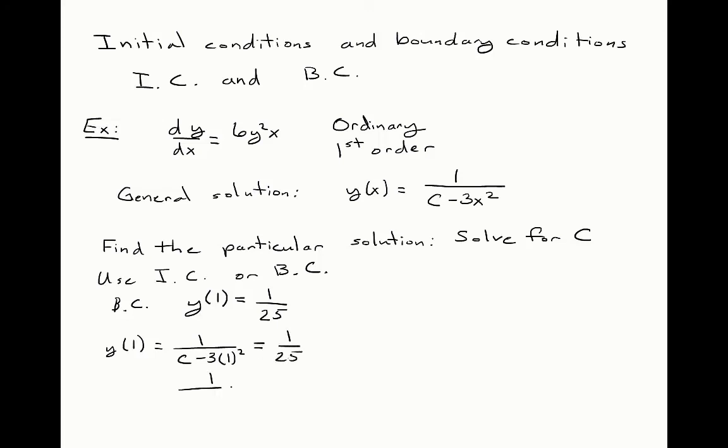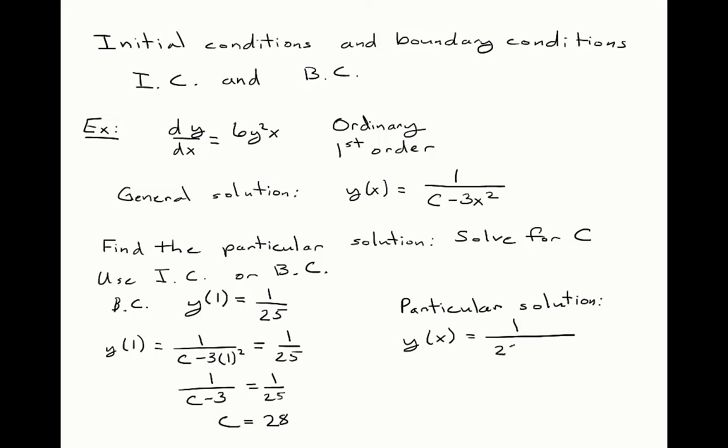So we have 1 over c minus 3 equals 1/25. So that tells us that c equals 28. So our actual particular solution is y of x equals 1 over 28 minus 3x squared.